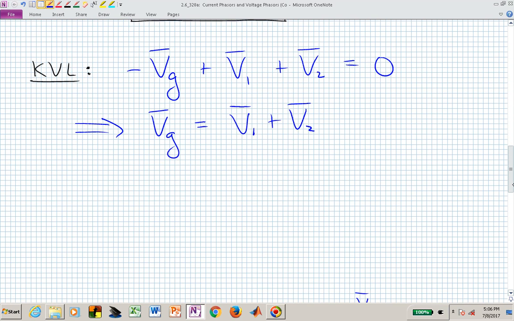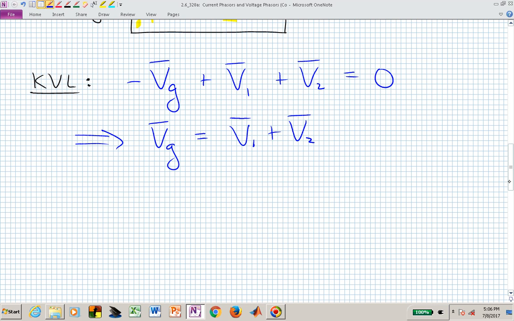And just to illustrate that, suppose that V1 goes here as a vector. All of these vectors, remember, have their angles defined with this horizontal line going off to the right. So V1 has a length and an angle.